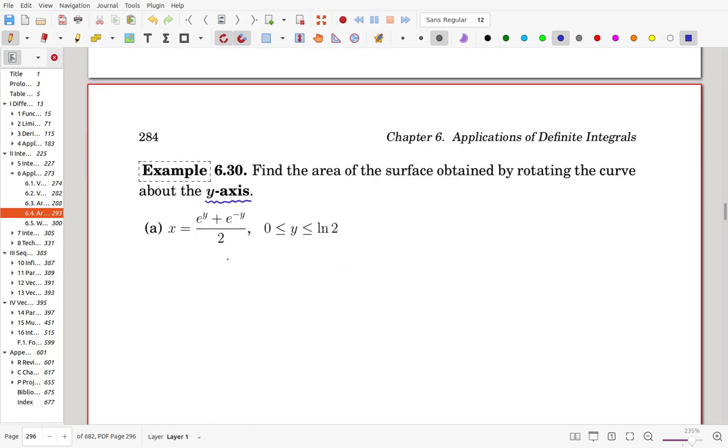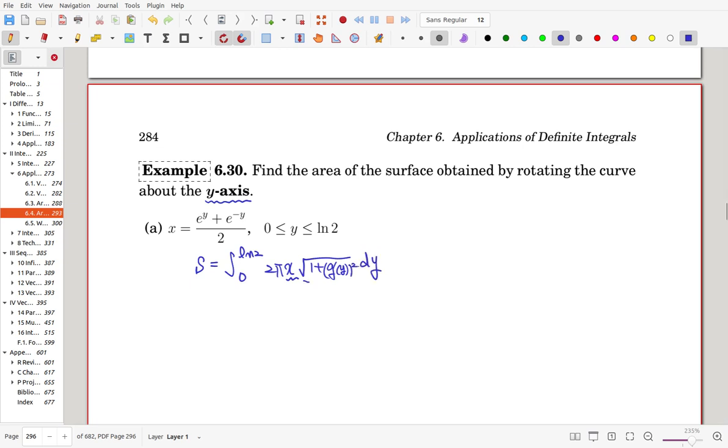Okay, so the surface area for that one equals the integration from 0 to logarithm 2, and then 2 pi x. X must be the radius here, and then the square root of 1 plus g prime of y squared dy, right?